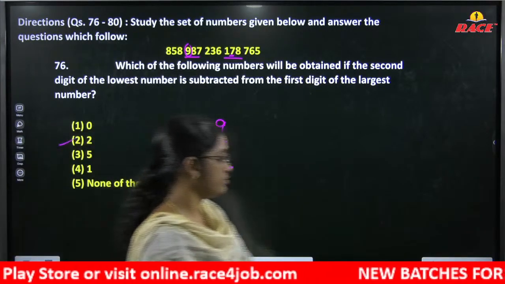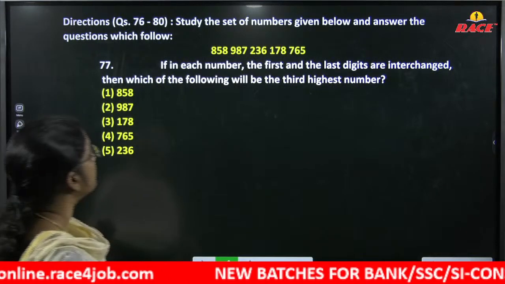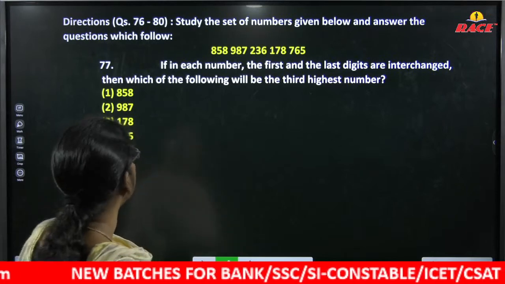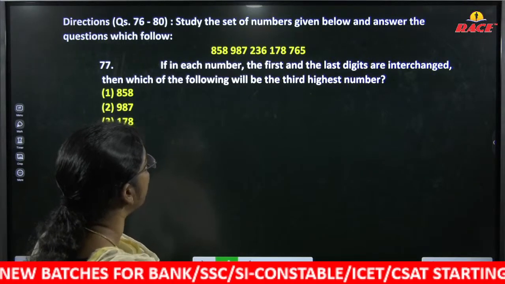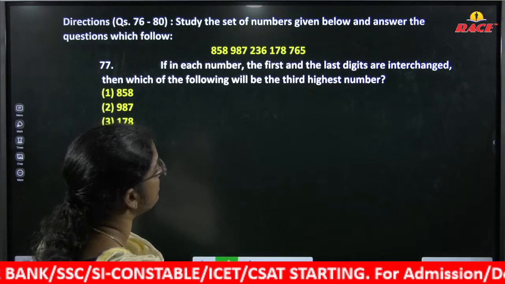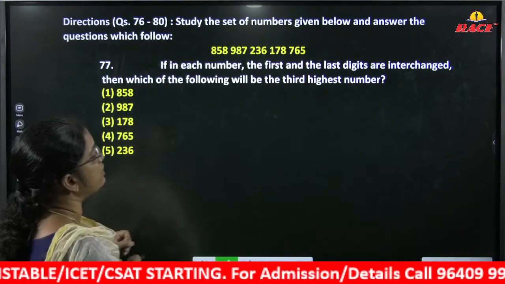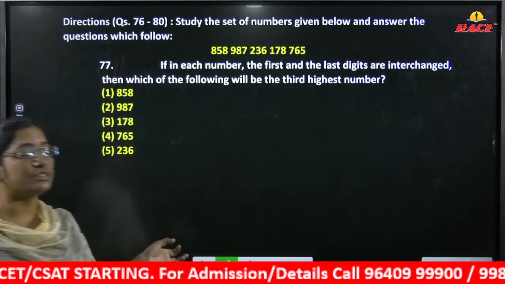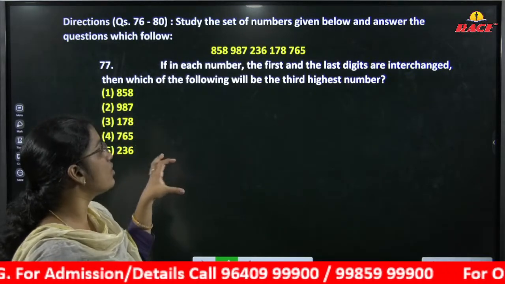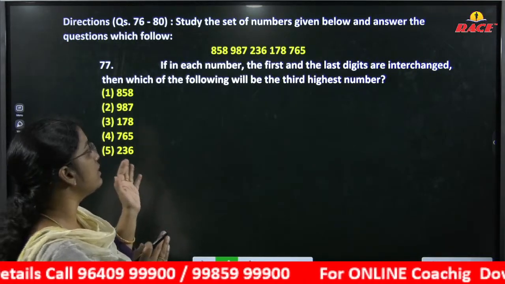Then coming to the next question. If in each number the first and last digit are interchanged, then which of the following will be the third highest number? Here we have one condition: the first and last digits are interchanged. To decide which number is highest or lowest, we definitely look at the first digit.